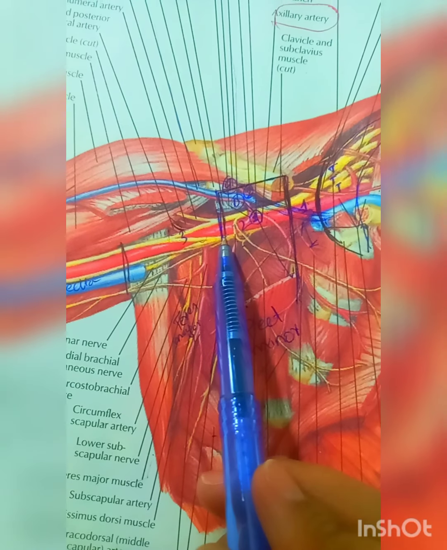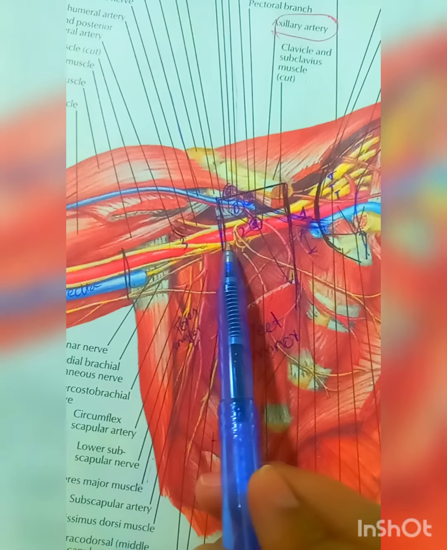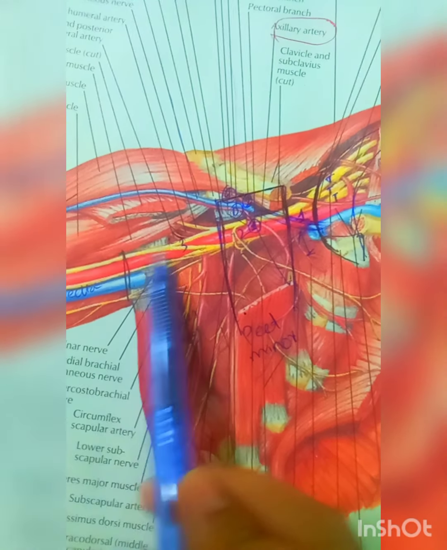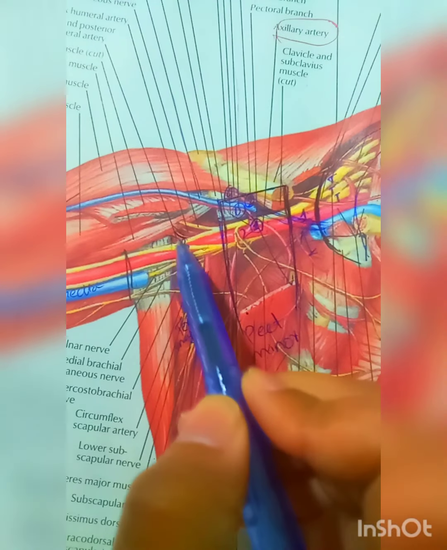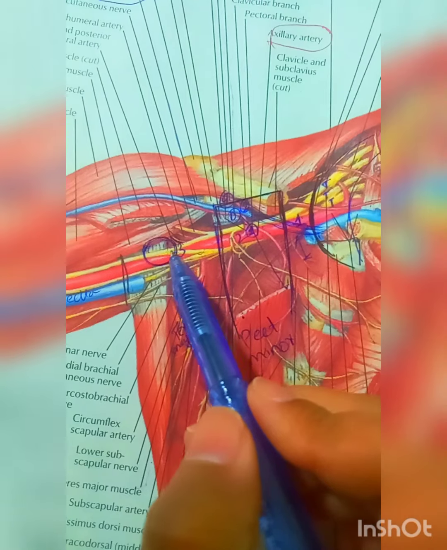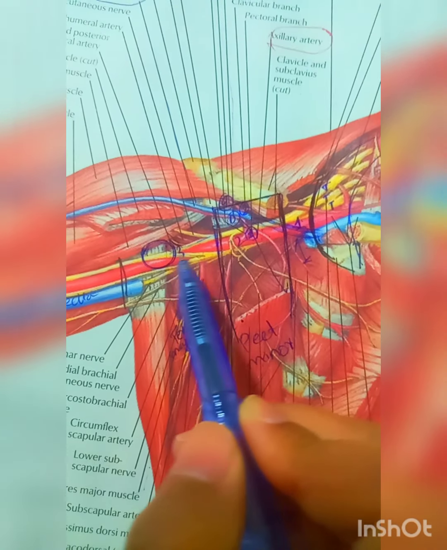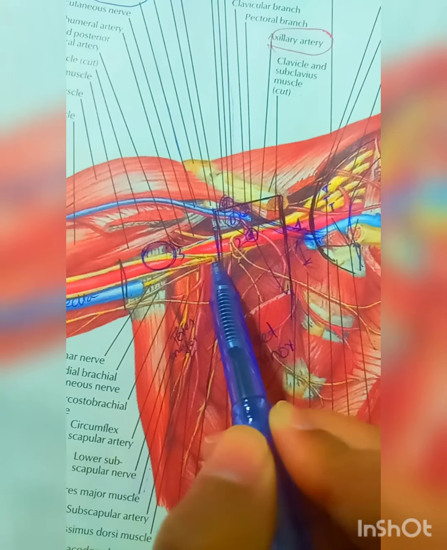But as you see, this root, the medial root of the medial cord of the brachial plexus, is the median nerve; as we already discussed, the median nerve is formed by the combination of two roots, the lateral root coming from the lateral cord and the medial root coming from the medial cord of the brachial plexus.